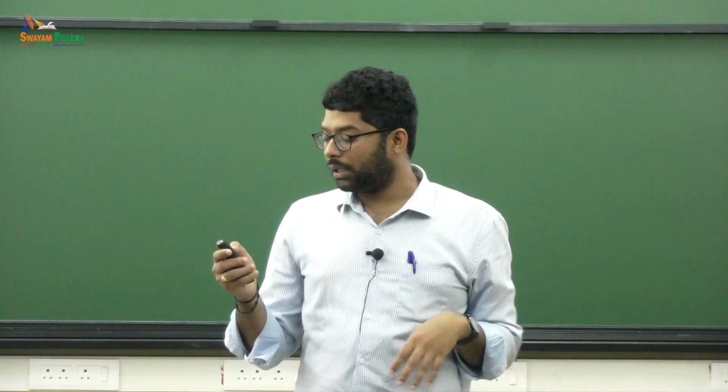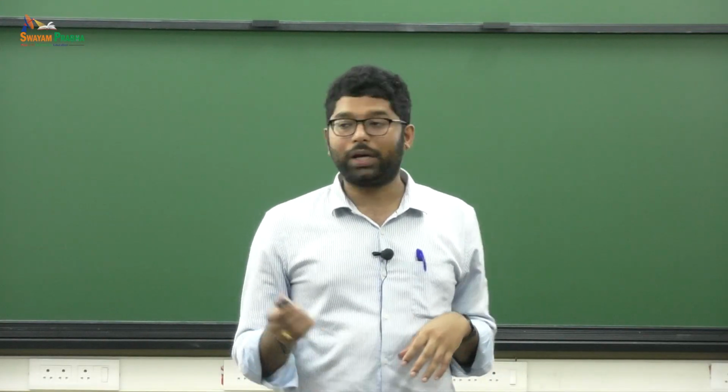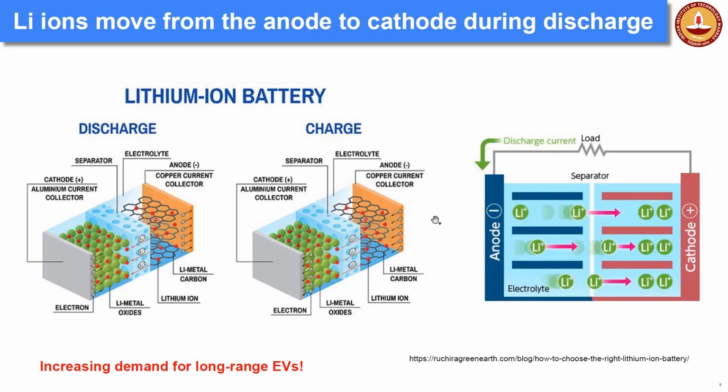During the charging, you are applying the voltage and pushing these lithium atoms through the solution towards the anode. So what does this suggest? This is a high potential thing. That is, it is not a spontaneous process, rather a non-spontaneous process. That's the reason you are giving some energy to push the lithium atoms that are present in the cathode material to move towards the anode material through this particular separator.